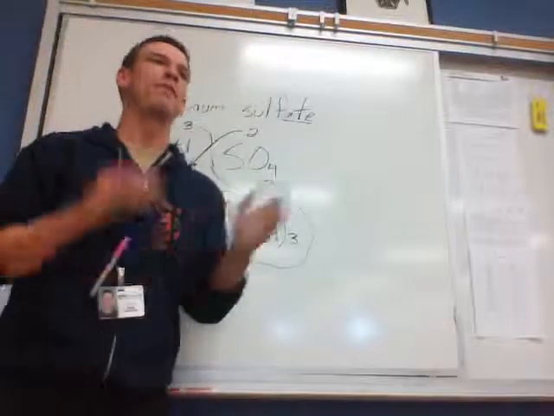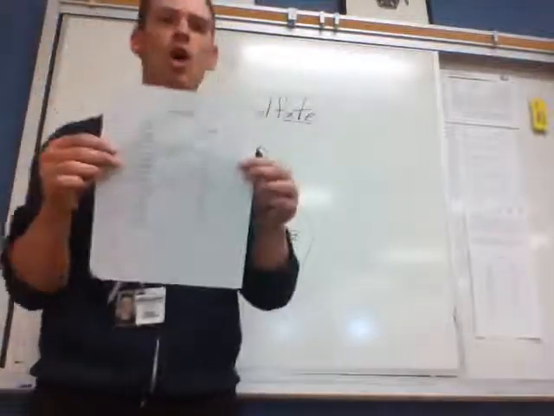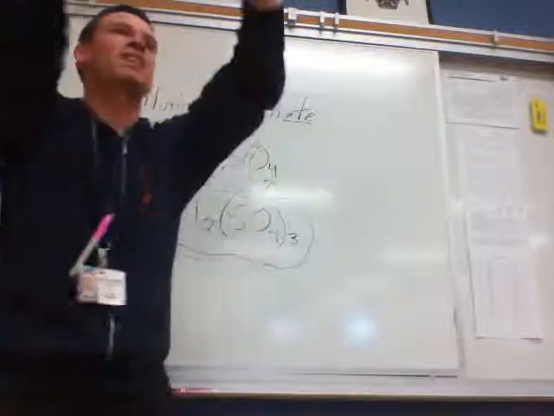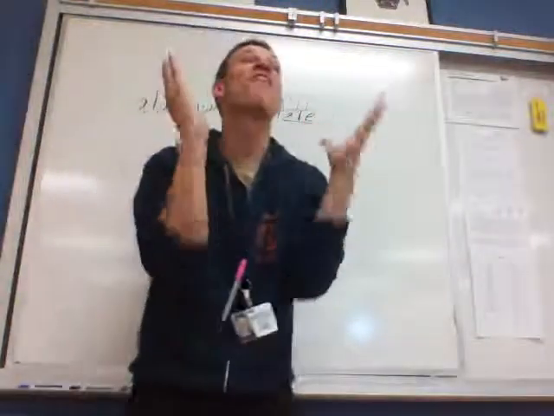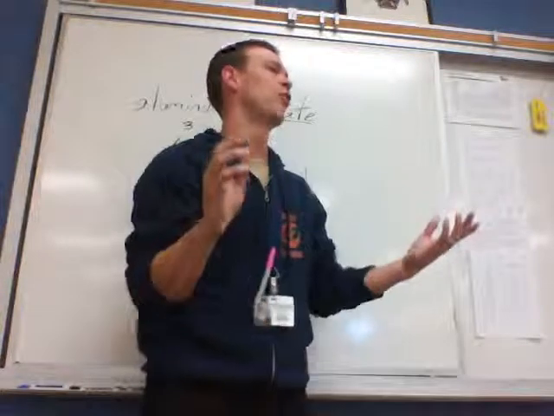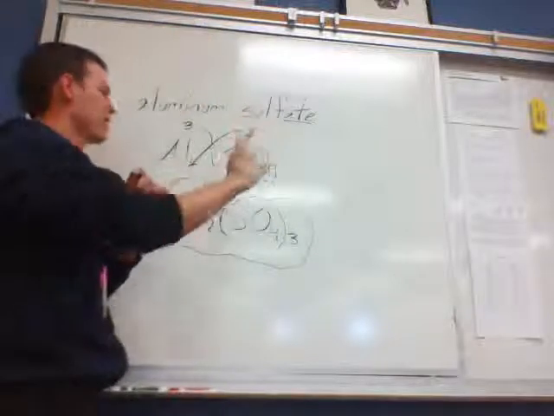Two things about parentheses. Look here. First off, the only things that can get parentheses are these guys. Don't ever put parentheses around just aluminum. The only time that you can put parentheses around anything is if that thing is a polyatomic ion. But here's the rule. There's only one time. It's so easy. Only one time you need parentheses.